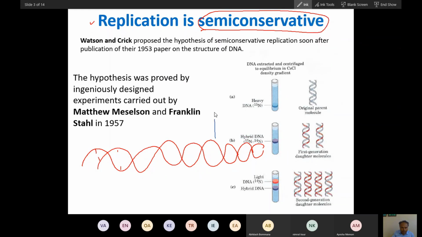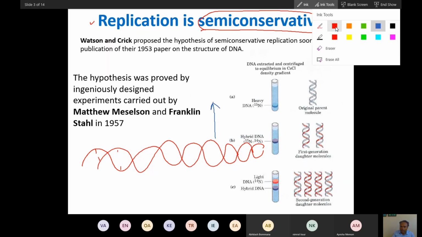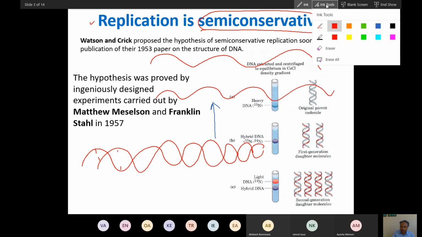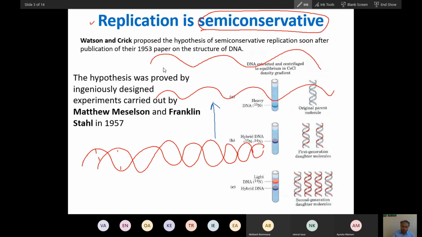The old strand will be utilized as a template like this, and on this template the new strand will be synthesized. Now it is not that big a deal for us.